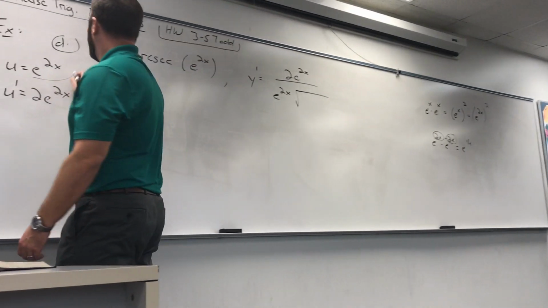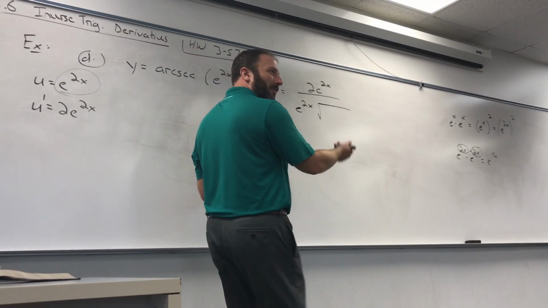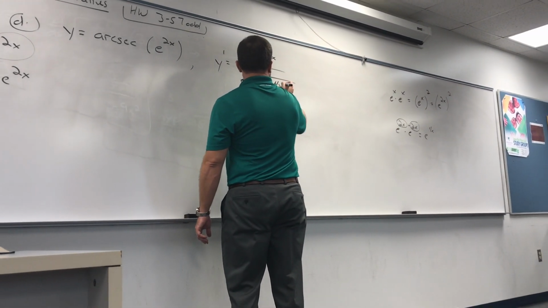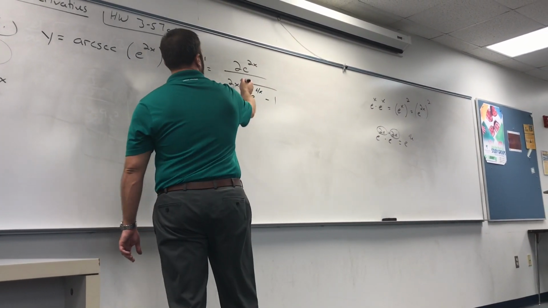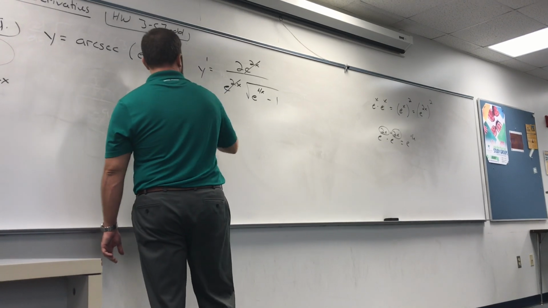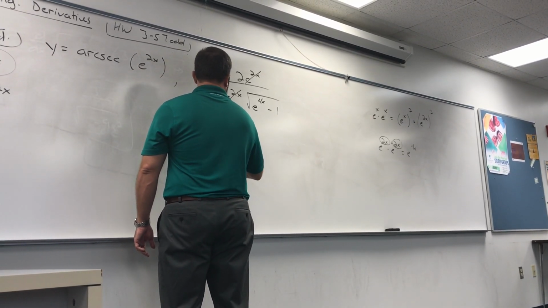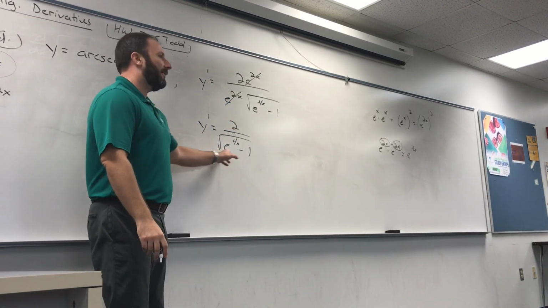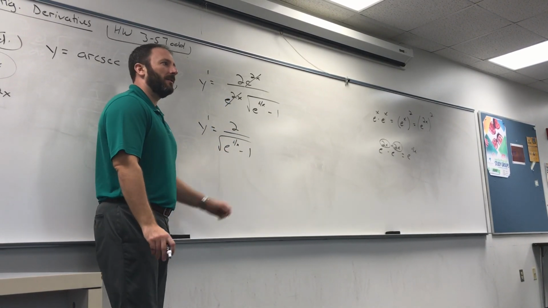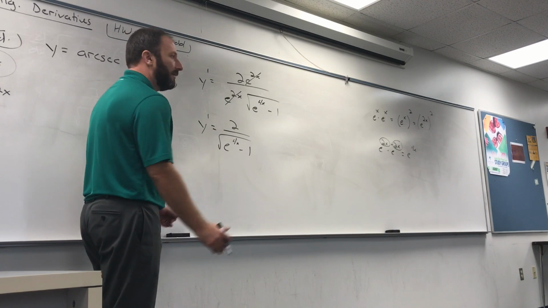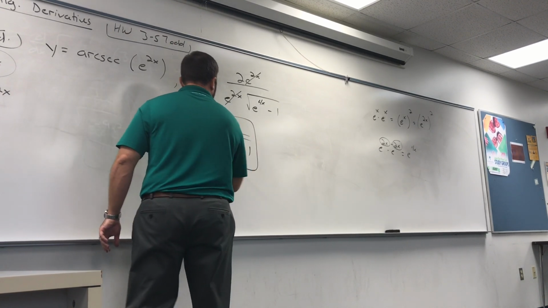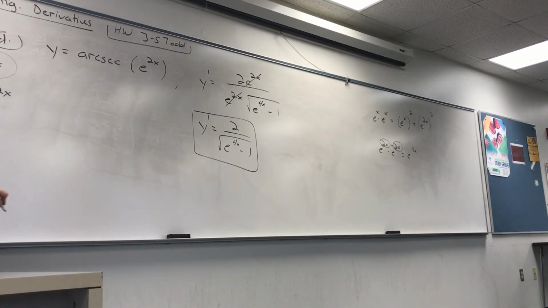If this is u and I square it, I'm going to get e to the 4x minus 1. These guys cancel. That's it: 2 e to the 2x over e to the 2x times the square root of e to the 4x minus 1. Anyhow, this is a difference of squares, but factoring it isn't going to cancel or do anything good for us. So we could just leave it like that. That would be acceptable.